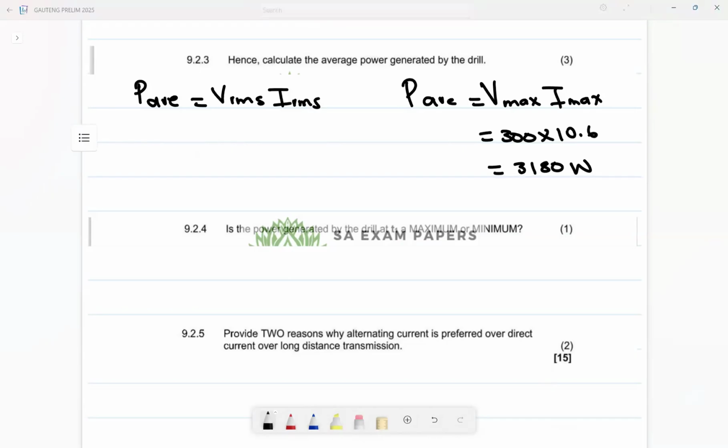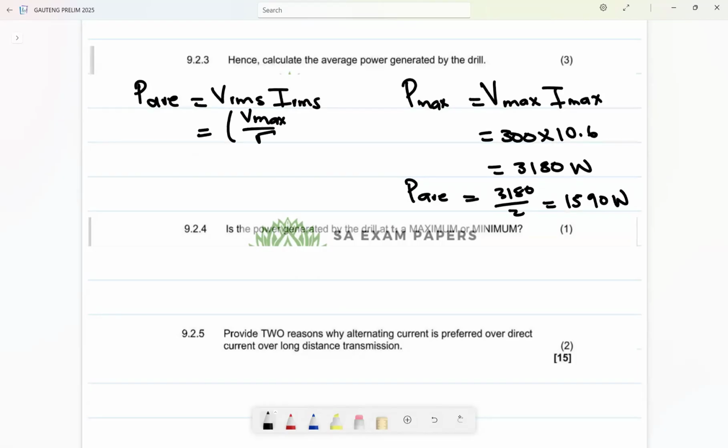Okay. And then, is this the final answer? No. Why? Because this is just P max. For me to get P average, I need to divide this amount by 2, which is now 1590 watts. But if I just want to go to P average, I can use V RMS. V RMS is V max divided by square root of 2, multiplied by I RMS.